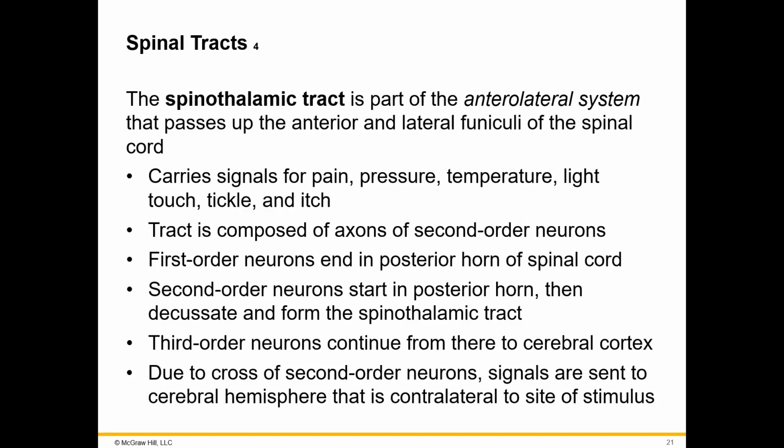That's one track. What does it carry? It carries signals for pain, pressure, temperature, light touch, tickle, itch. All of that is carried by your spinothalamic.